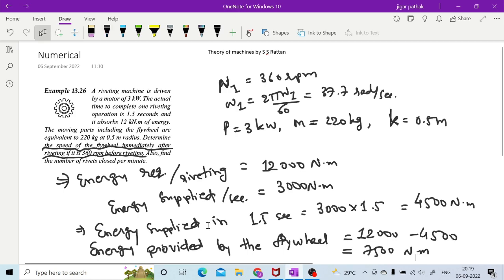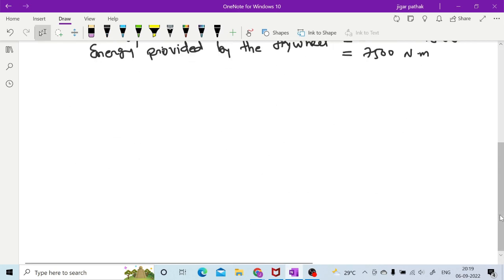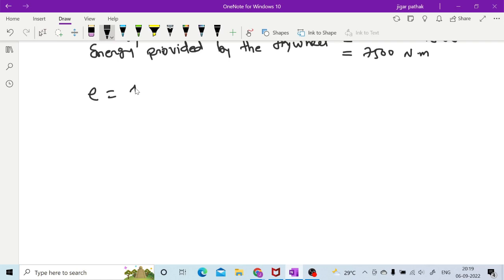Once you have this data, 7,500 as the energy supplied by the flywheel, you can go for our standard equation, E is equal to 1/2 I omega 1 square minus omega 2 square. Here I is equal to m small k square. This is the basic equation.